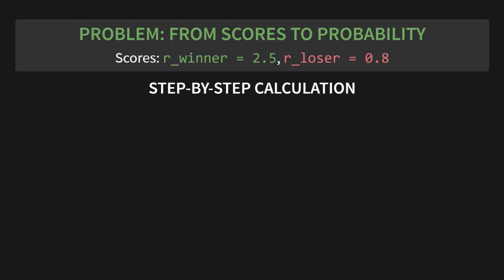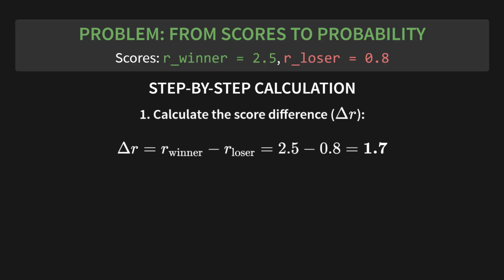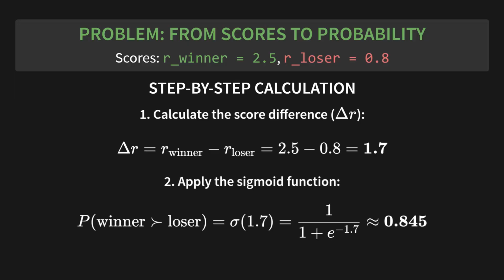We are going to walk through this entire calculation step by step. Our scores are 2.5 for the winner and 0.8 for the loser. Step 1. Calculate the score difference. We'll call it delta R. We just take the winner's score, 2.5, minus the loser's score, 0.8, and that equals 1.7. Easy enough.